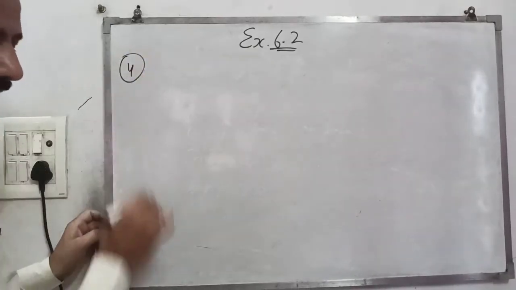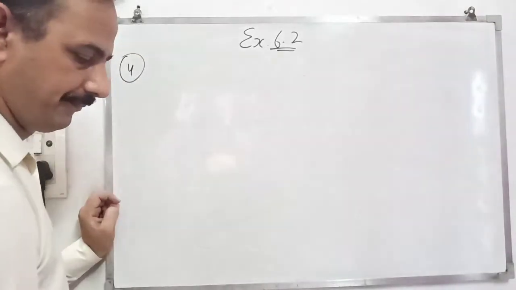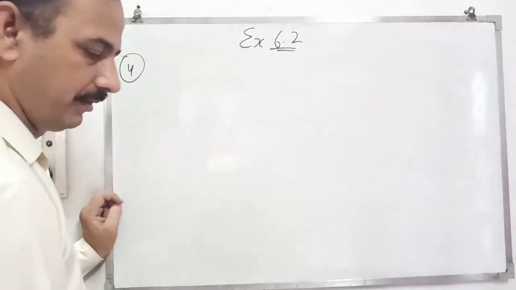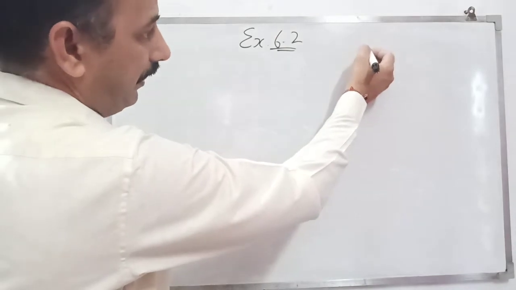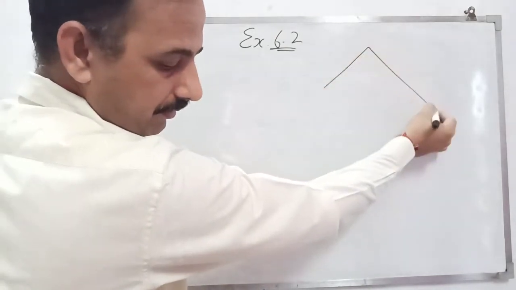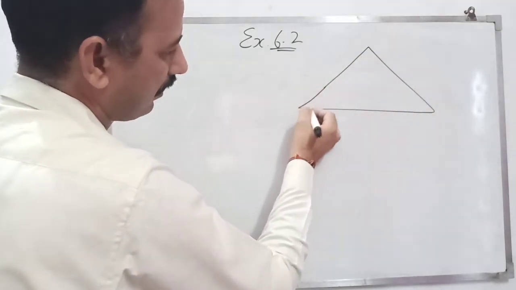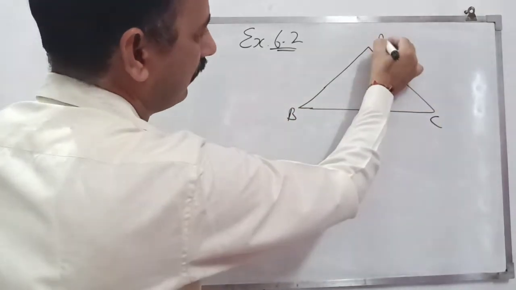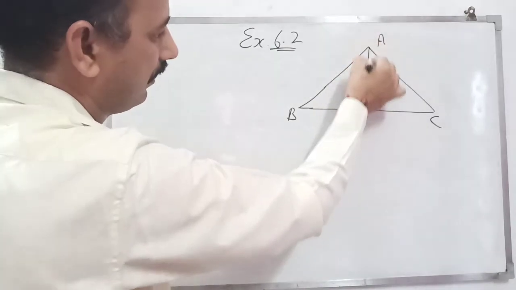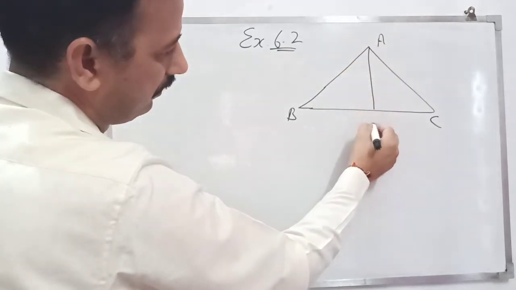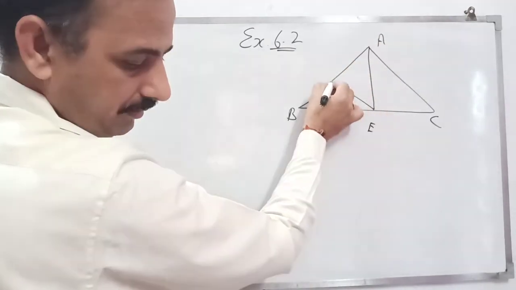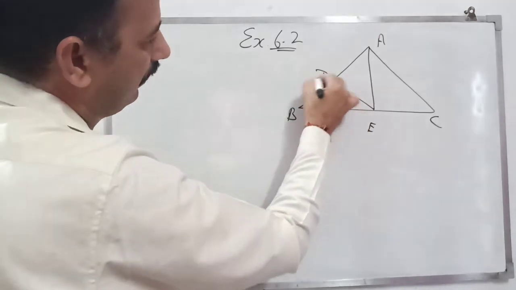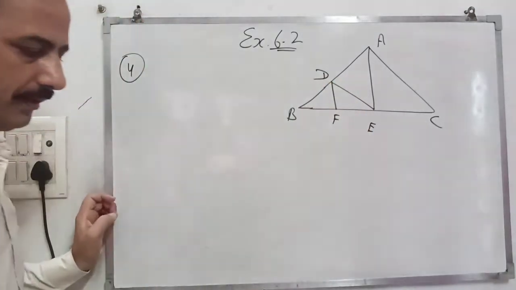Question number 4. Here the figure is given like that, with points B, C, A, E, D and F, right?